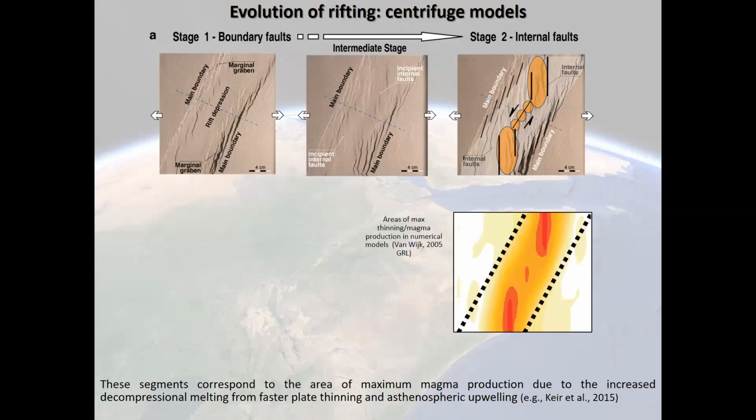This is a very interesting result because it is very similar to what was obtained in previous numerical models by Jolante van Beek.